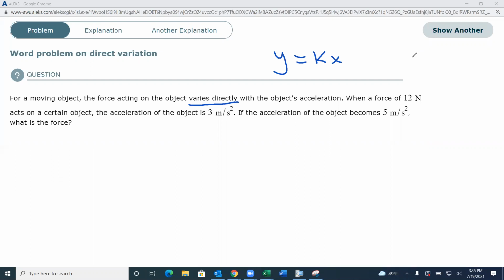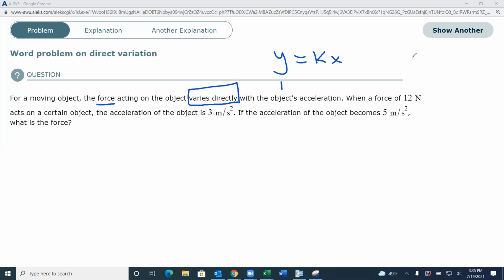Okay, before we move on to the second sentence, let me give you a little hint that I wish my teachers had told me. Whatever comes before the phrase that describes the variation, like varies directly, is going to replace your y. That's your dependent variable. The quantity that comes before it is the force.